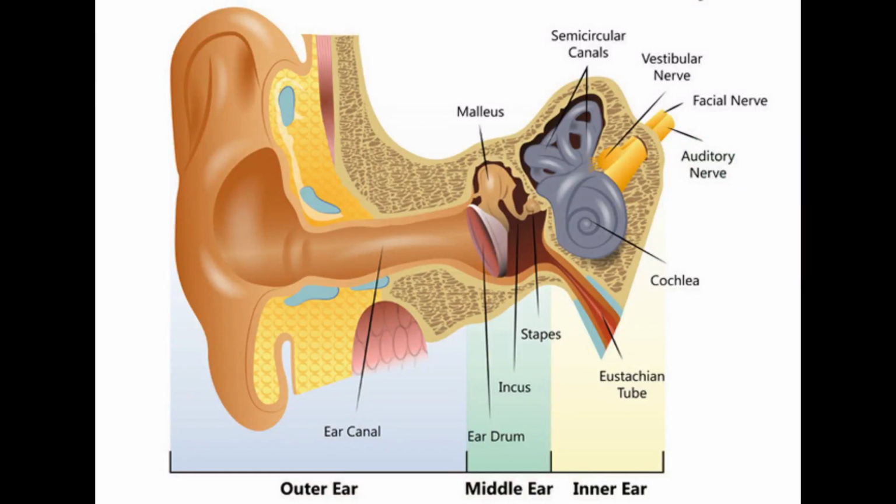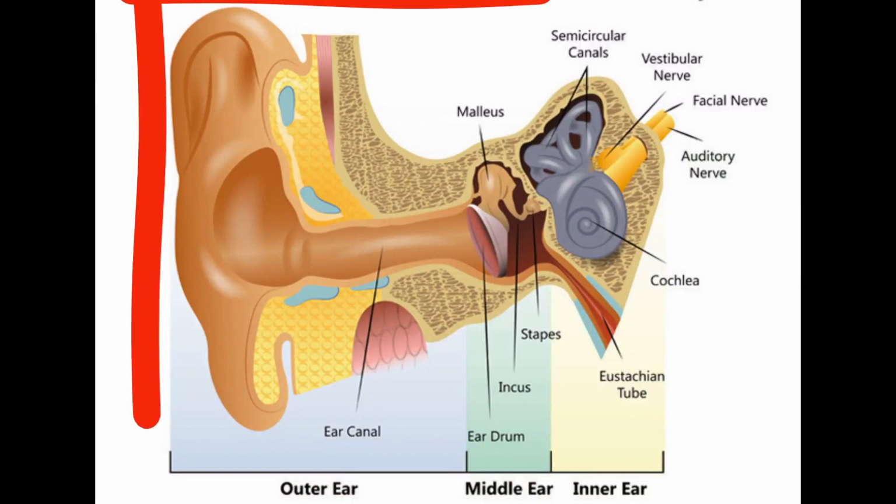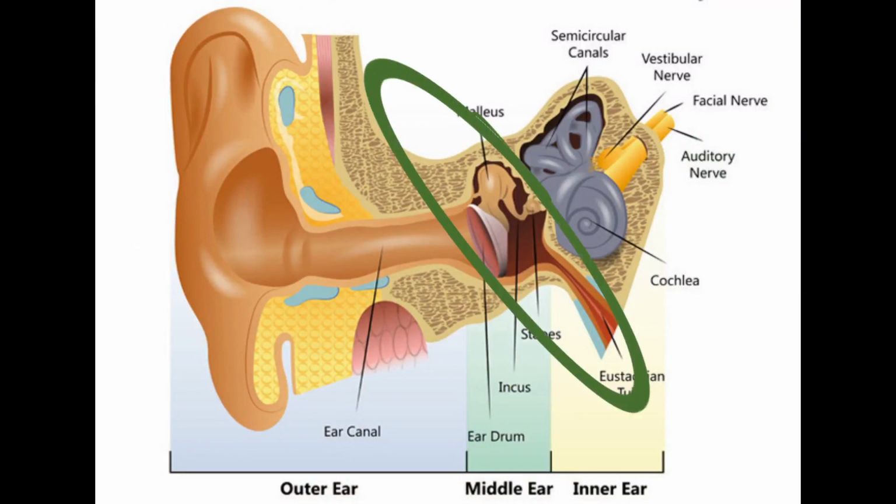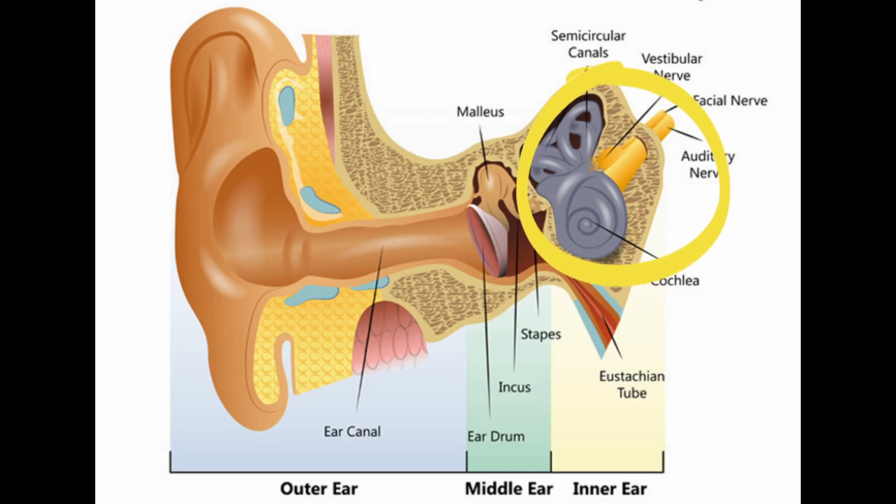Now let's recall the parts of our ear. The ear is composed of the external ear, middle ear and inner ear. The external ear includes the pinna, ear canal and eardrum, whereas the middle ear consists of the ear ossicles, eustachian tube, oval window and round window.